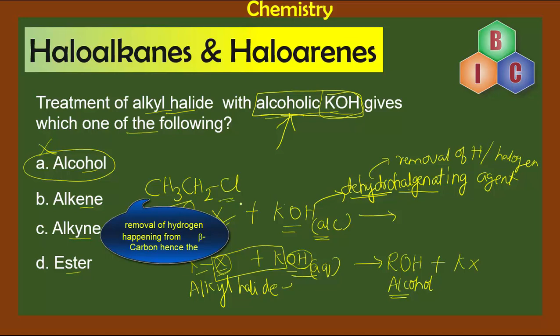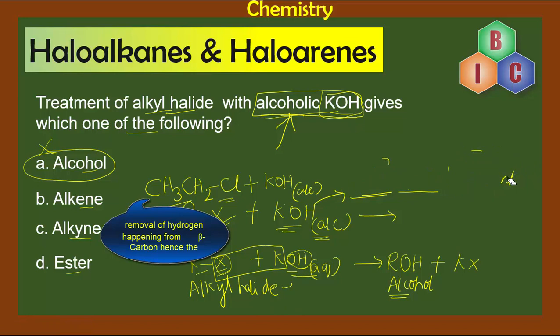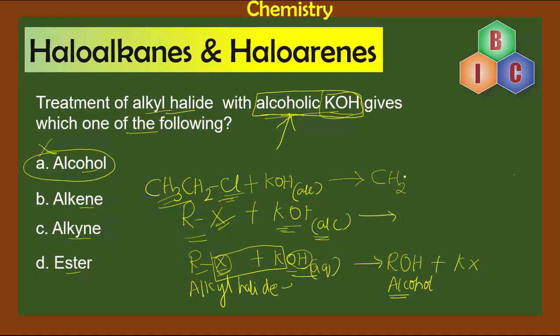When this is treated with alcoholic potash, what product are we going to land on? The product now is going to be this: removal of halogen and removal of hydrogen. So each carbon is losing one bond. From CH3 one hydrogen is lost, so it becomes CH2. The other is already CH2 and has lost a Cl. So these two get linked by means of a double bond.